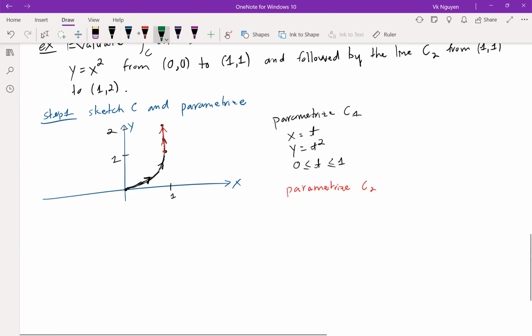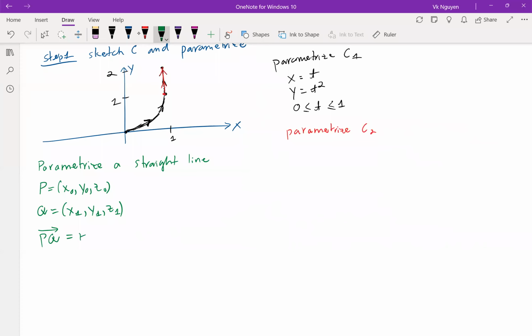A straight line is determined by 2 points, right? So P is (x0, y0, z0) and Q is (x1, y1, z1). Then you see that PQ is a vector, the vector r(t).